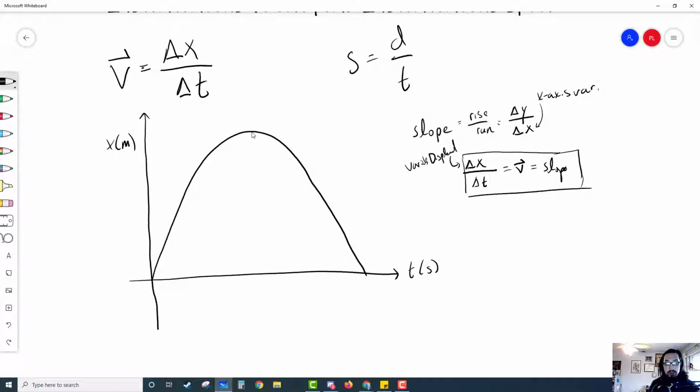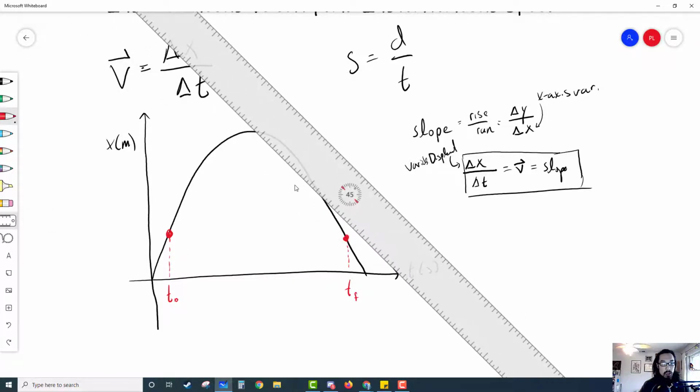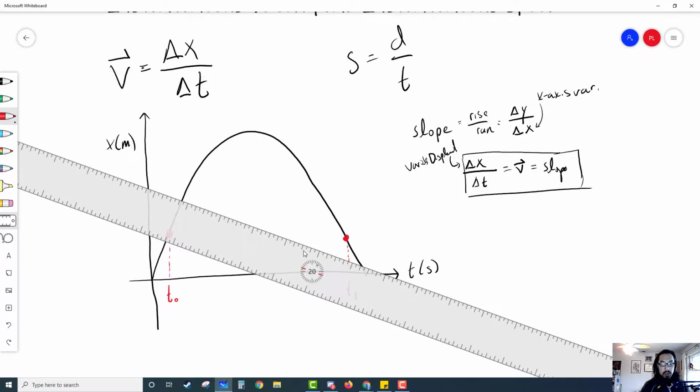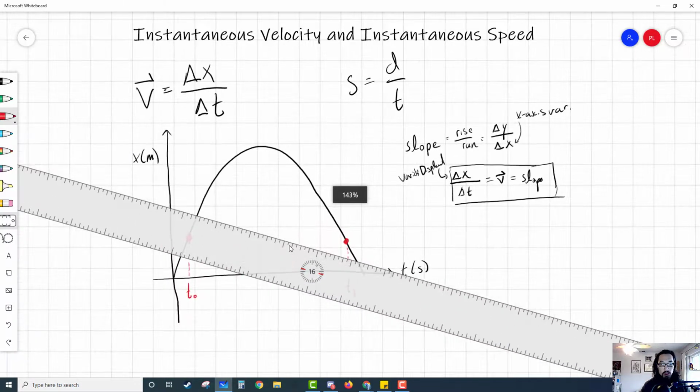That's a good reminder, because I want to remind ourselves of how we found average velocity for a graph like so. Let's say we wanted to find the average velocity between two time intervals. Let's say this is time TF, and this one over here is TO. In order to find the average velocity between these 2 points, you would need to create a line that goes through those 2 points.